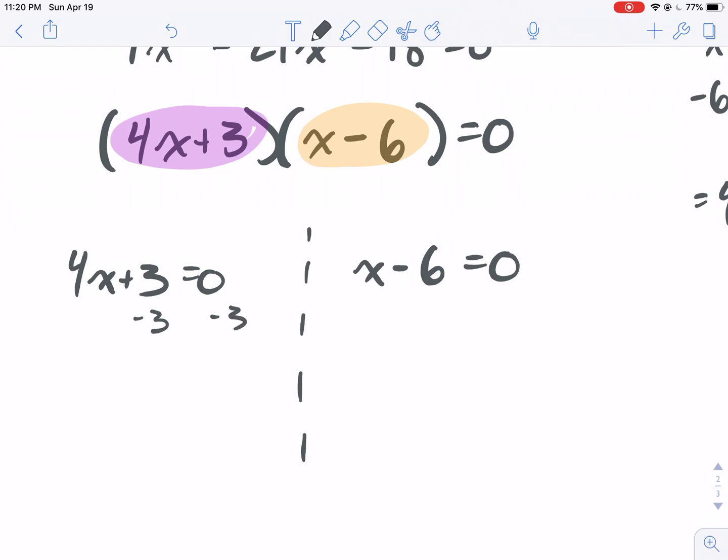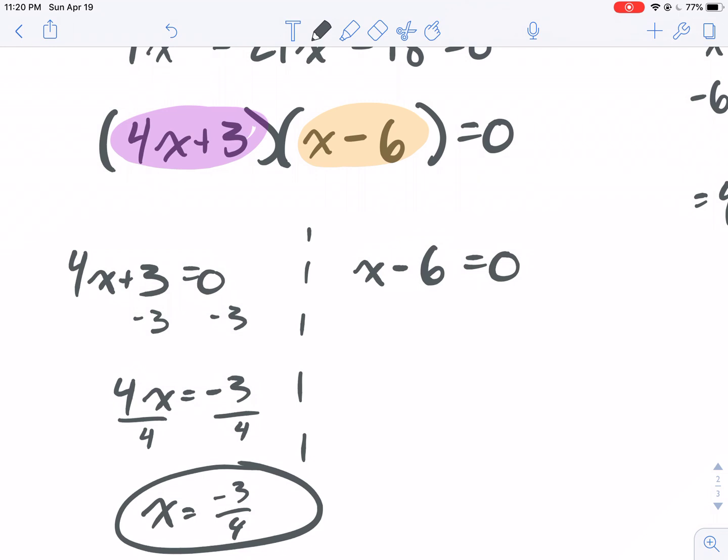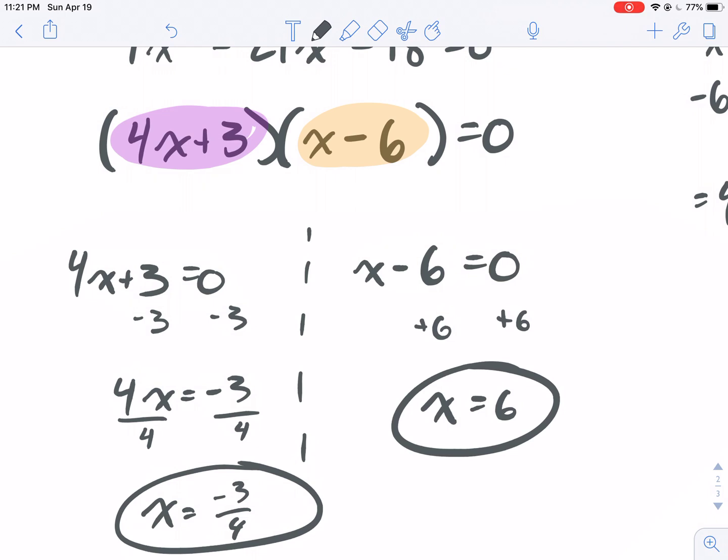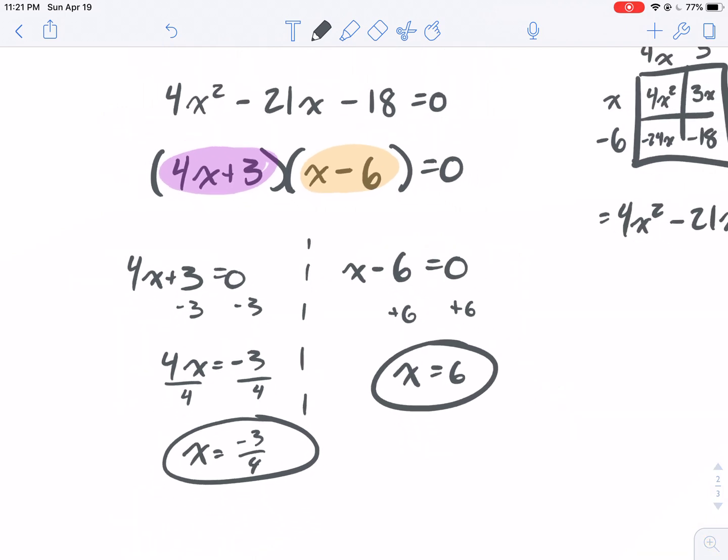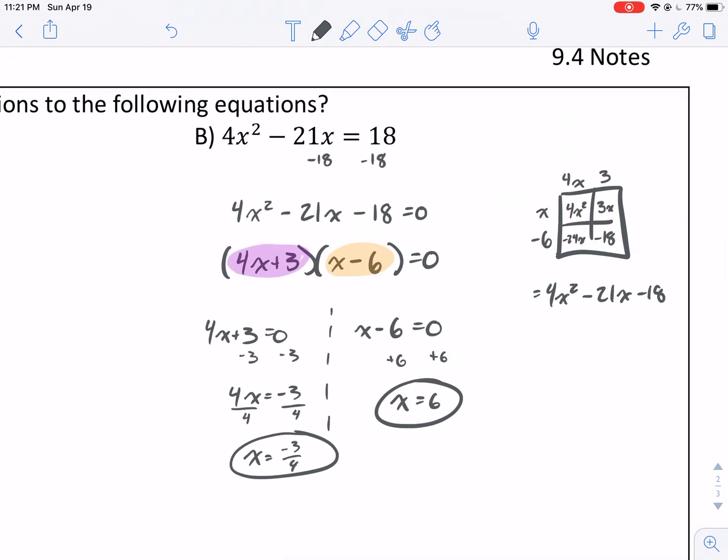So we subtract 3, 4x is negative 3, giving us x equals negative 3/4. Or, this is going to be much more straightforward, x is 6. Cool. We can plug those back into our original equation and see if that equals 18. Hey guys, guess what? It does.